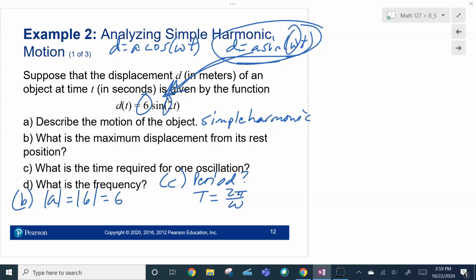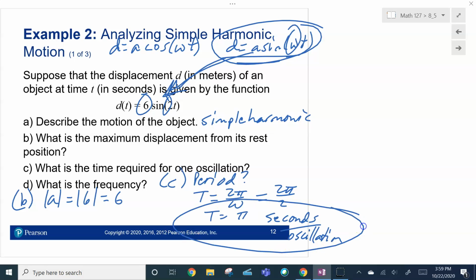Omega is the 2 right there, sine 2t, so we have 2 pi over 2. Our period is pi, in seconds per oscillation. It takes pi seconds per oscillation. In other words, 3.14 seconds to complete an oscillation.